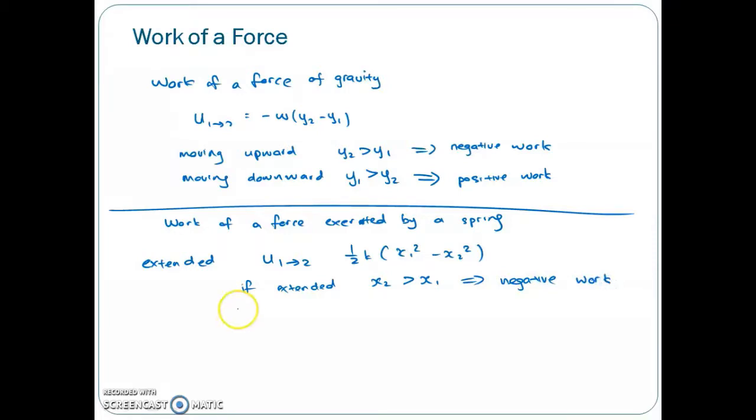When the extended spring is returned back to its undeformed position, our initial is larger than the final. Then substituting into the work equation here, we will have a positive work.